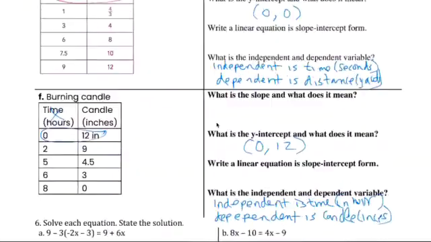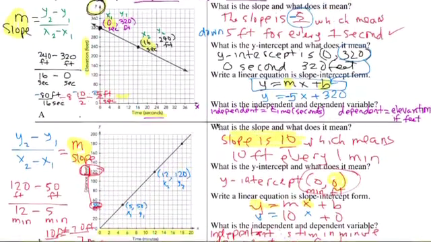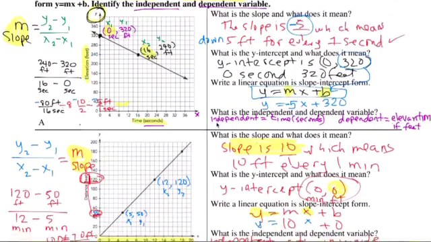And then we'll go do the other ones. All right, that's 5A and B.